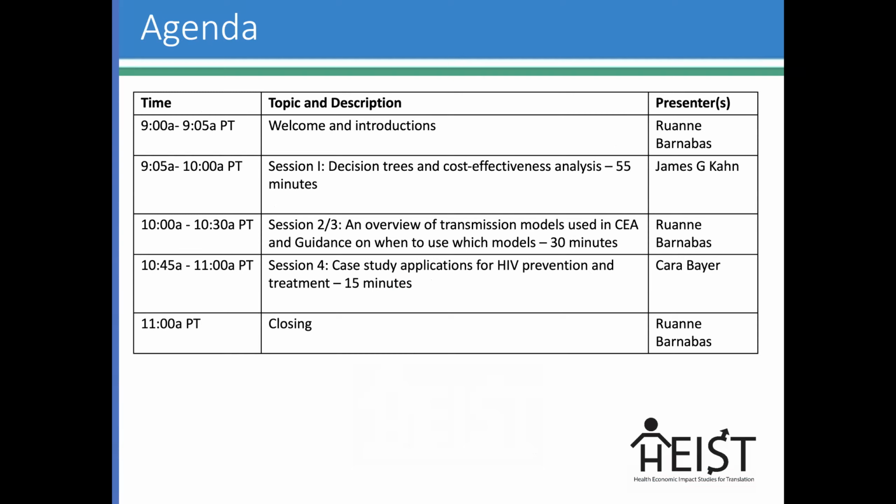My name is Ruanne Barnabas, and I'm an associate professor in global health and allergy and infectious diseases. I teach Epi 554, a math modeling course. Then Cara, who's a programmer in our group and has just been accepted to multiple PhD programs, will talk a little bit about our work on modeling HIV for differentiated services for HIV. And then we'll close by 11.